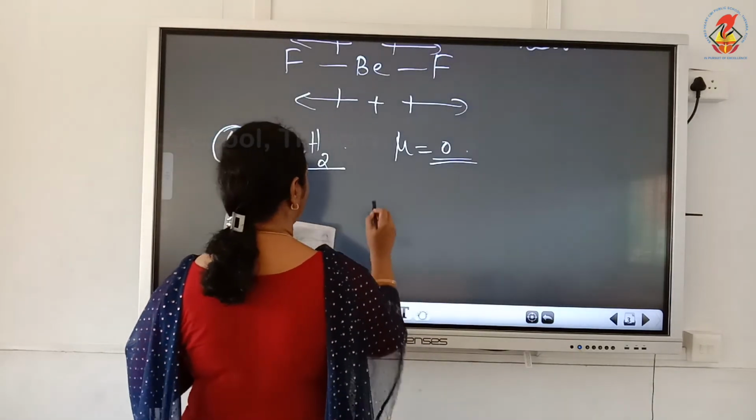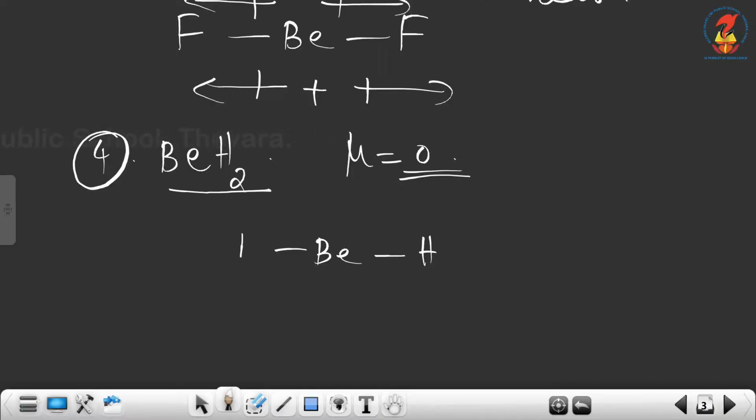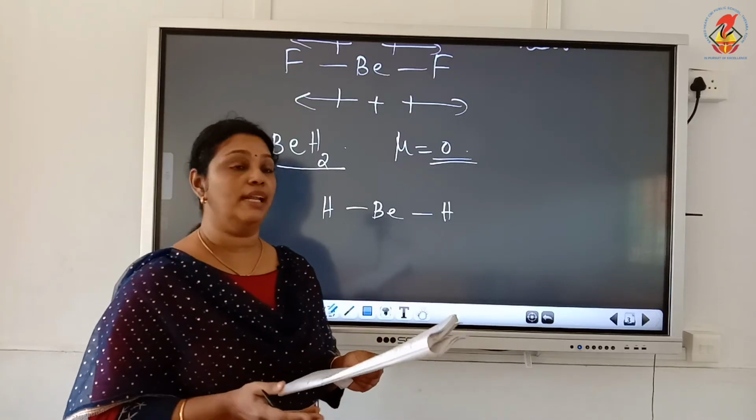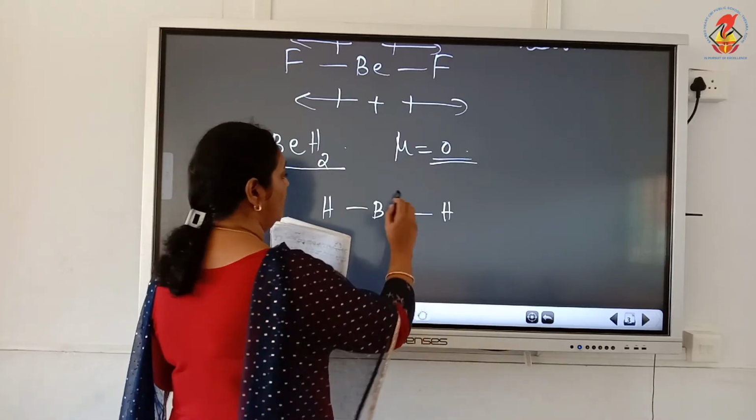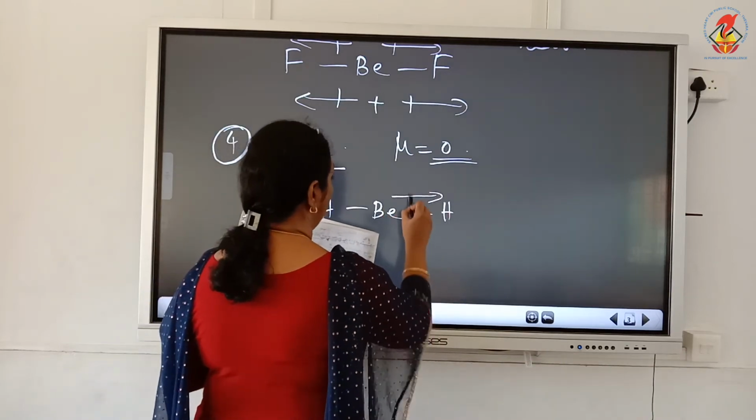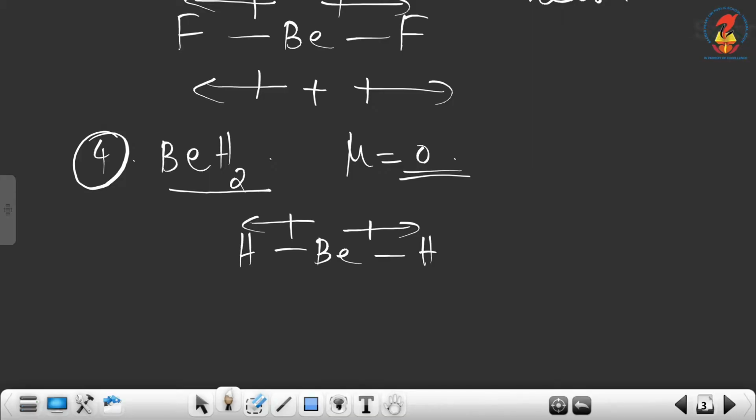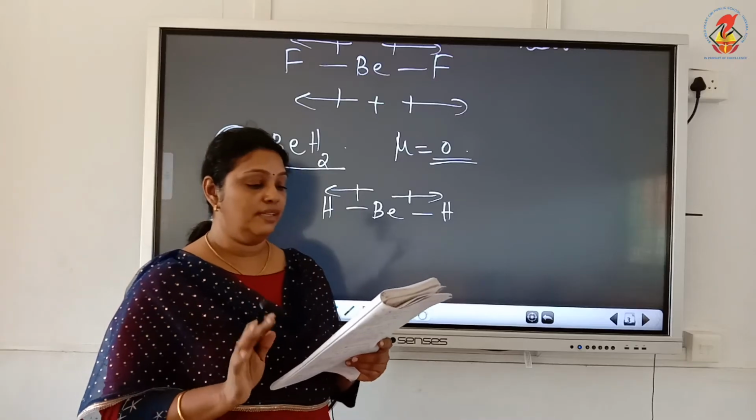So BeH2, how will you show the structure? BeH2, linear in shape. Okay, and the two Be-H bond moments are equal and opposite and hence cancel each other. Now here it will be in this direction and this in this direction. Okay, so that is the fourth example.